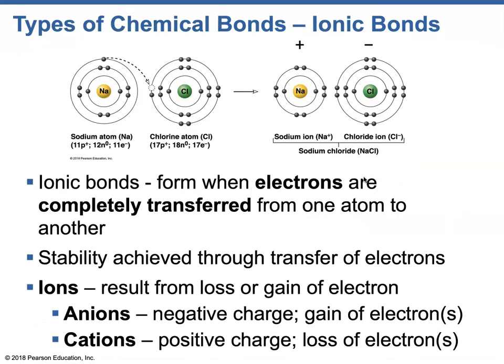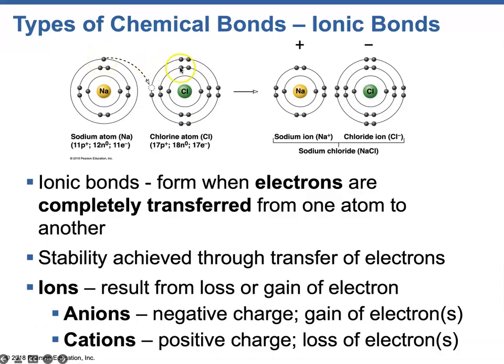When we look at ionic bonds, now remember, this is when an atom is fully giving up an electron to another to form the bond. I showed you this earlier with the example of sodium, which only has one electron on its outer shell, which makes it very, very reactive. It wants to give that up.